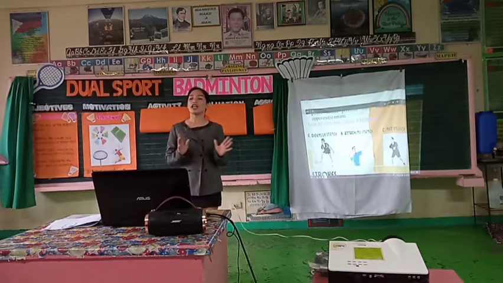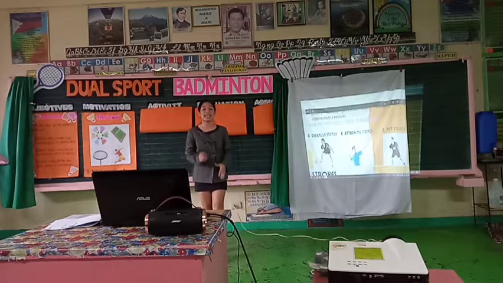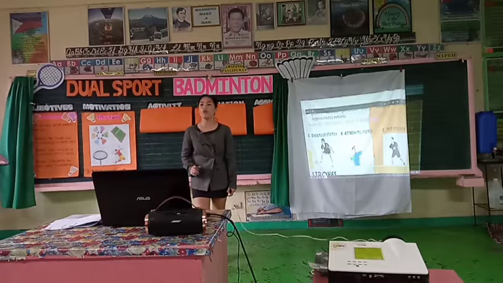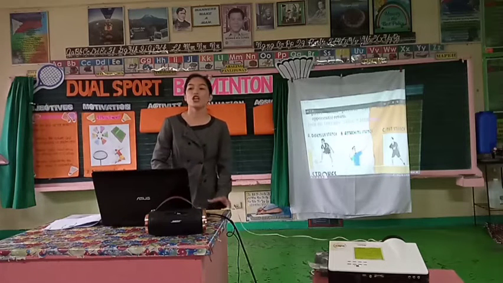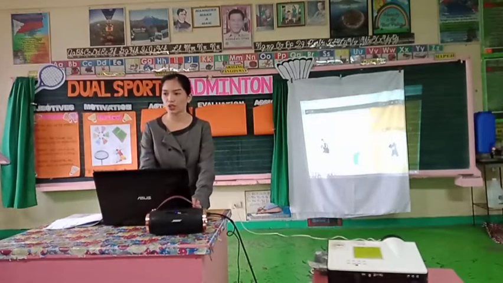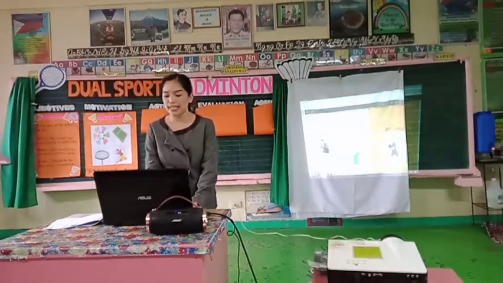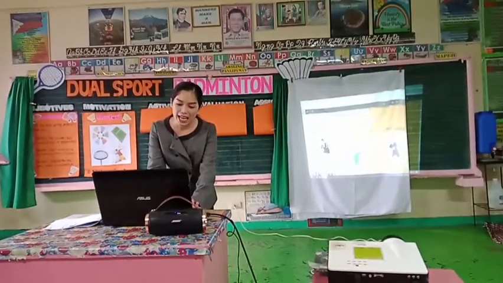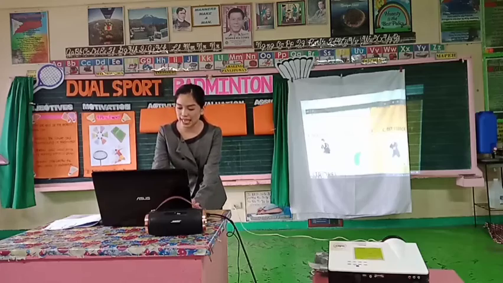When you are in the net stance, get ready to perform a net kill or move to an attack stance to perform a winning smash. That is the three basic stances in badminton: the defensive stance, attack stance, and net stance.